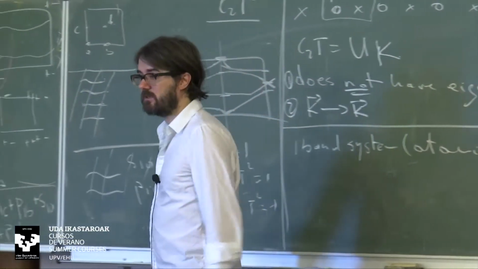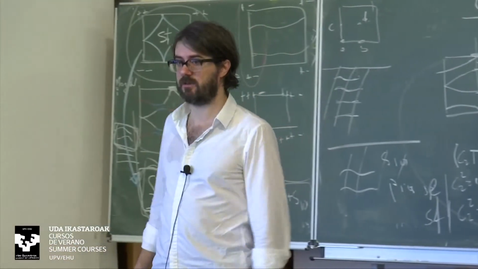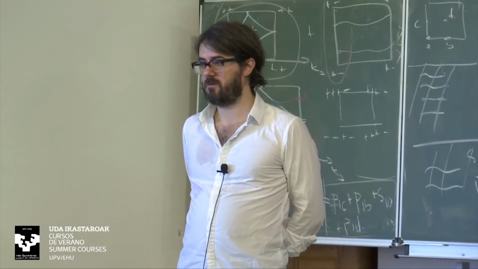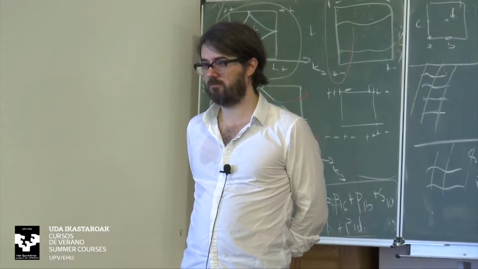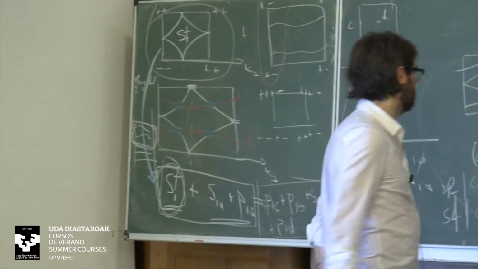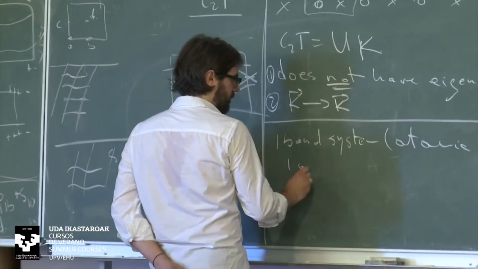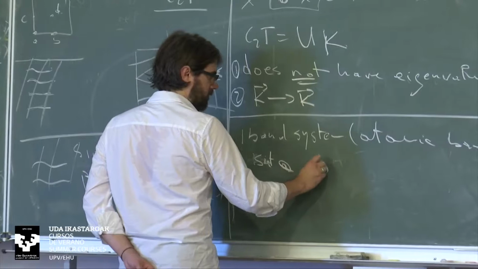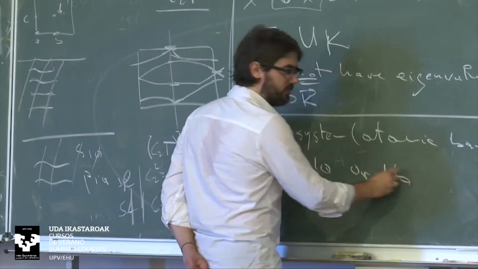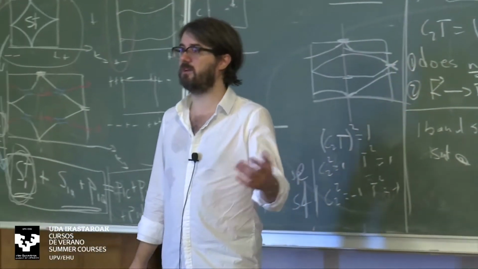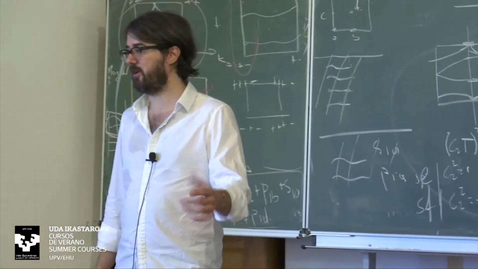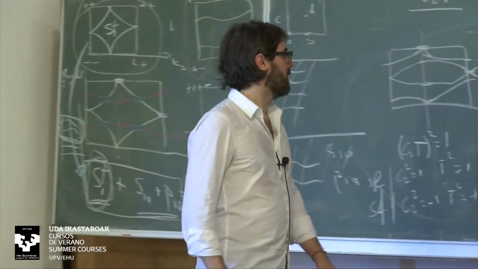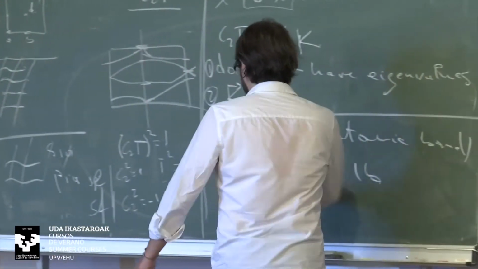Where does the center of charge have to sit if I have one band? 1a or 1b. Okay, if it's a real representation, I don't need to double it, right? Because of complex conjugation. So it can sit at 1a or 1b.